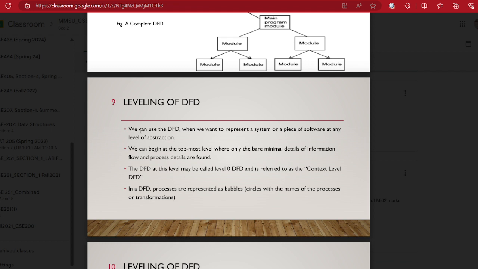Basically, we begin with the simplest version of our system, and then we dive deeper into the system and show the abstraction in deeper levels. That's all. In the DFD diagram, we just represent the software that we are going to build in different levels of abstraction. Okay, that is the note that we need to remember.